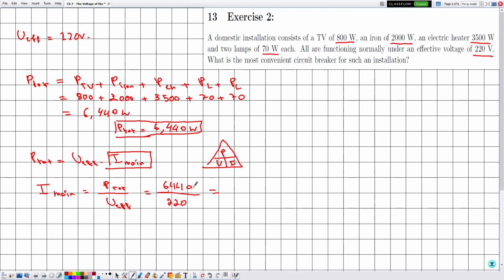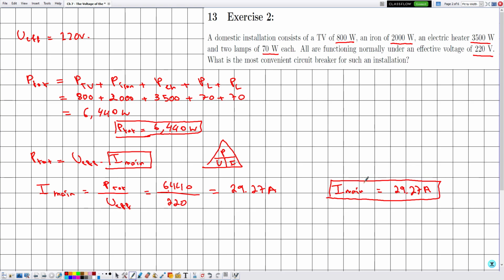Now this is divided by 220, so it is equal to 29.27. Because P and U are all expressed in the SI, the value of I main will be in the SI, which is amperes. So in this case, the main current traversing the circuit is given by 29.27 amperes.